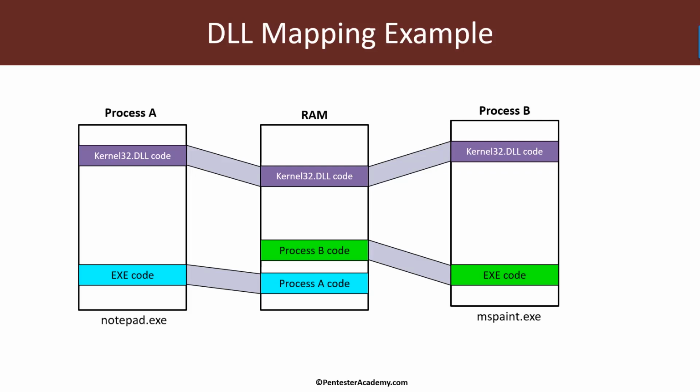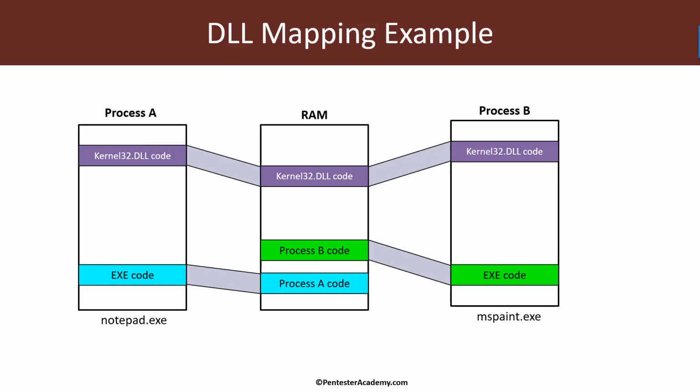So they're sharing the code in kernel32.dll, which is very good, because if we have dozens of processes all needing the same DLL, it would be very wasteful for all of them to get their own private copy in physical memory. And so it doesn't happen, and they all share the same copy in RAM.